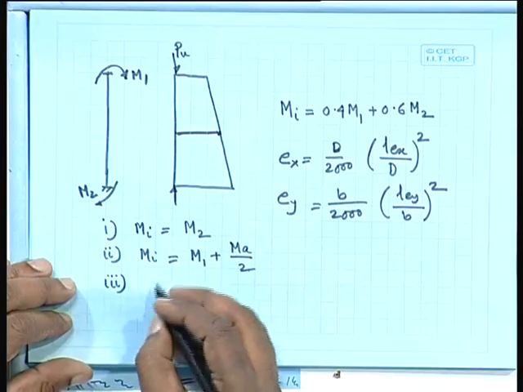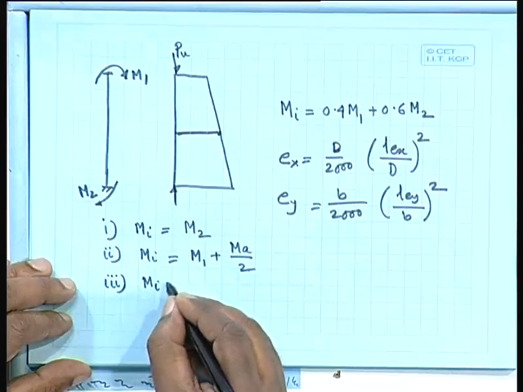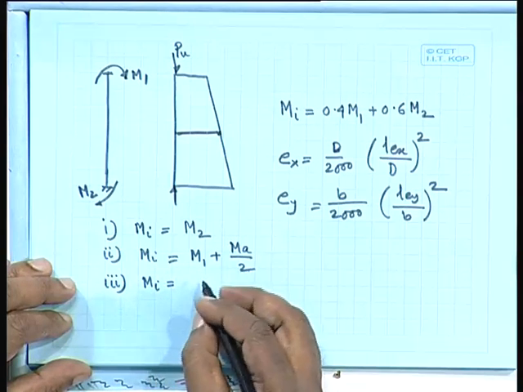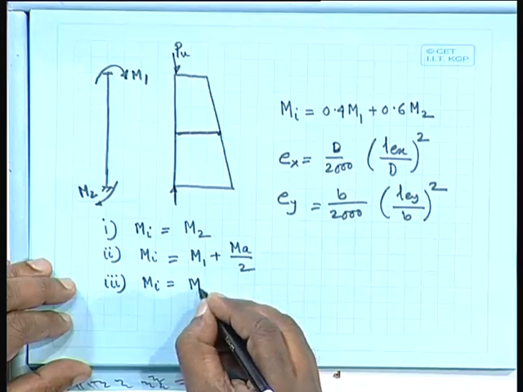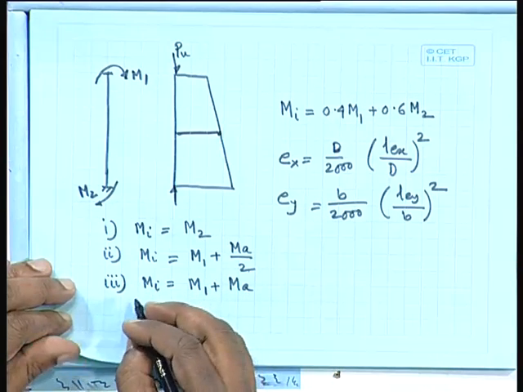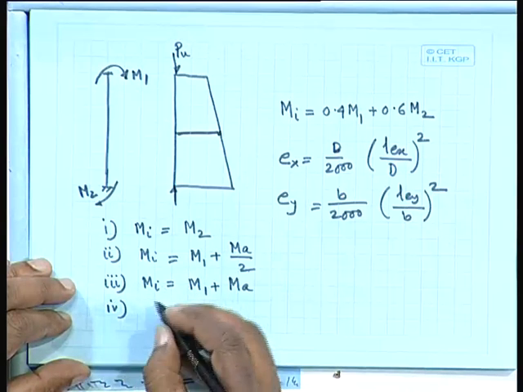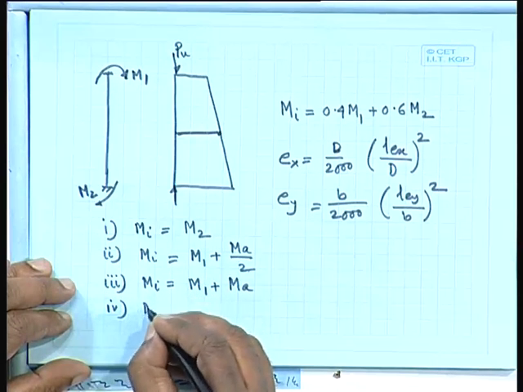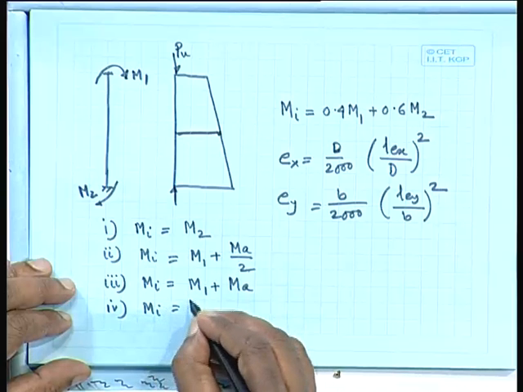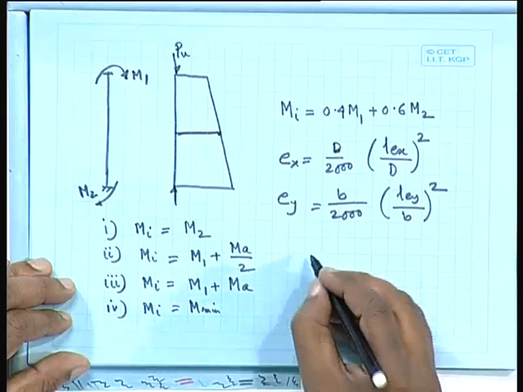Number 3, Mi equal to M1 plus Ma, and number 4, Mi equal to M minimum. So, what is M minimum?